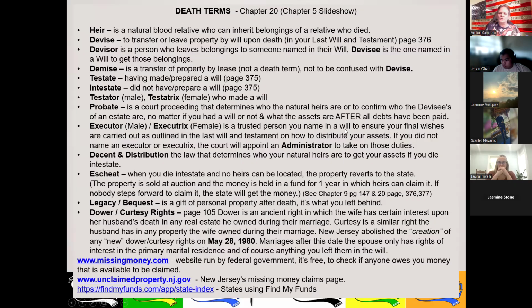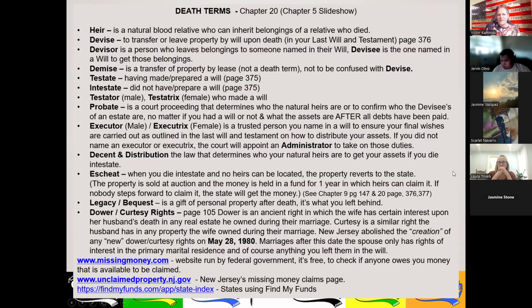That's the person who's going to read your will and manage the will to ensure that all your final wishes are carried out as outlined in that last will and testament of yours, and your assets are distributed according to your wishes. That's why it should be a trusted person, your brother, sister, family member, close friend.